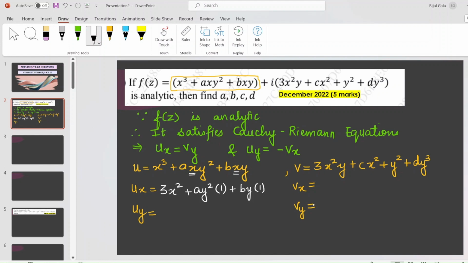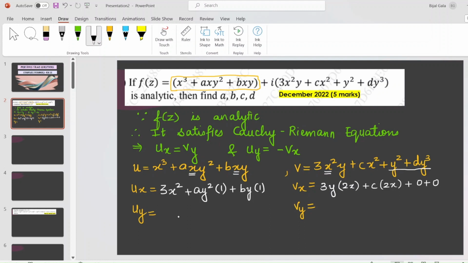It's the same concept for vx. X squared is multiplied, so 3y is a constant, and the derivative of x squared is 2x. C is a constant, and the derivative of x squared is again 2x. The last two terms both do not have x at all, so their derivatives will be 0. The derivative of a constant which is not multiplied by a variable is 0.